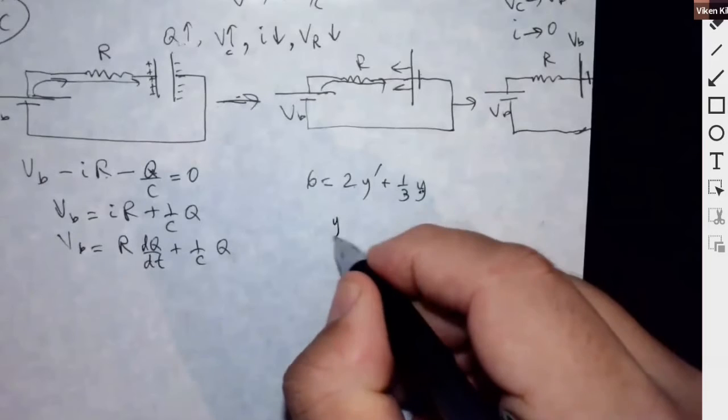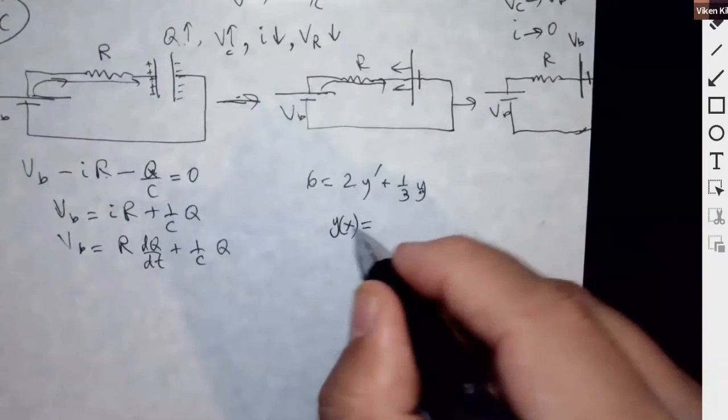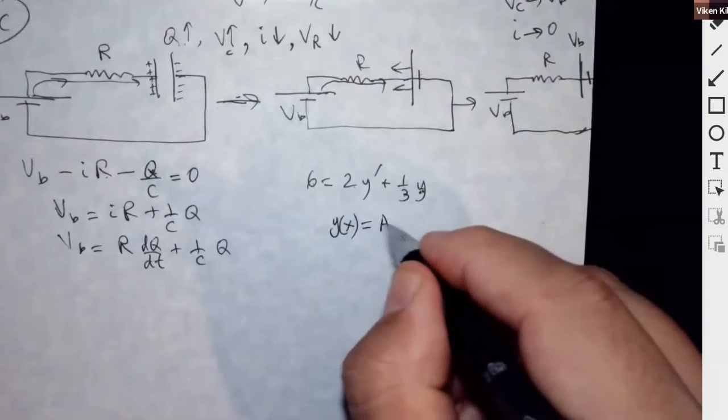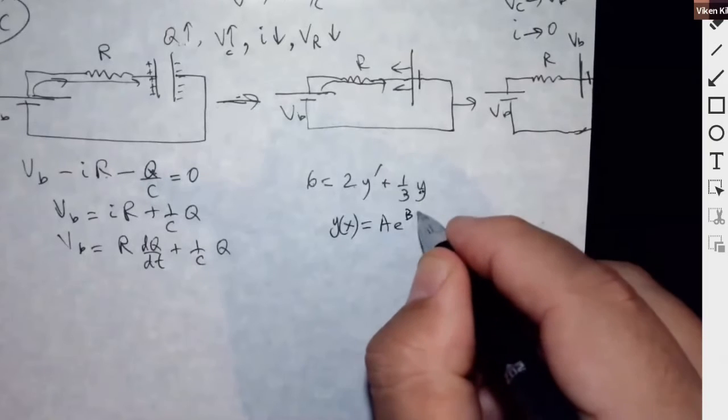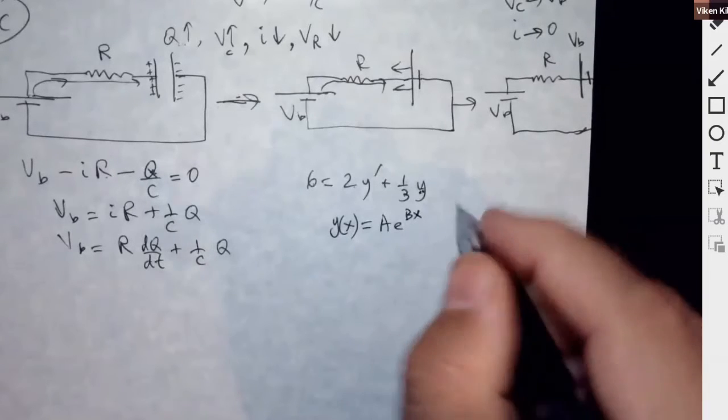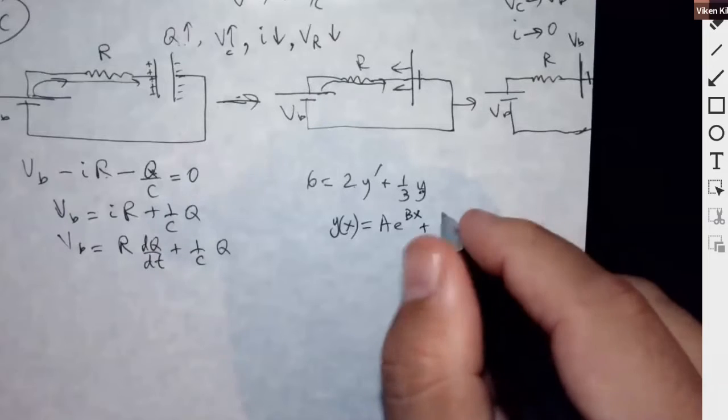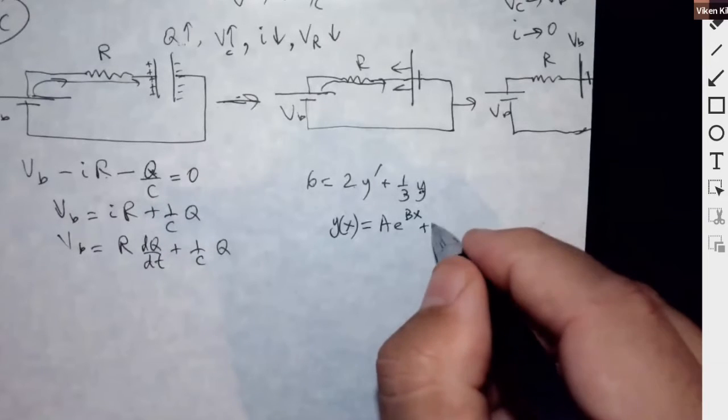So the general form of this solution is y is equal to a e to the bx plus, let's say, d.